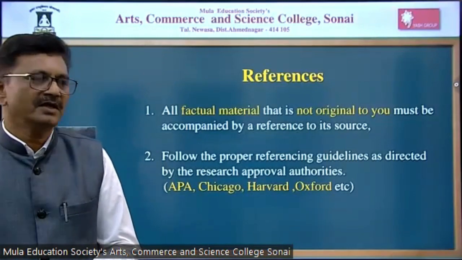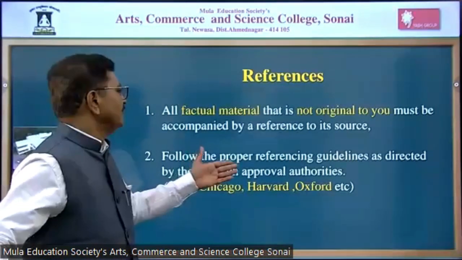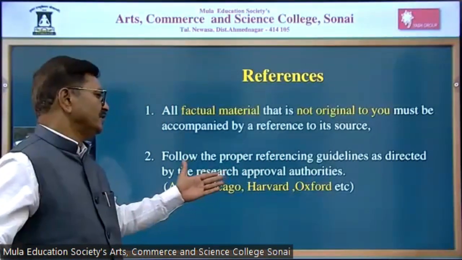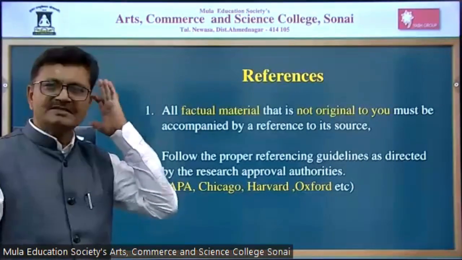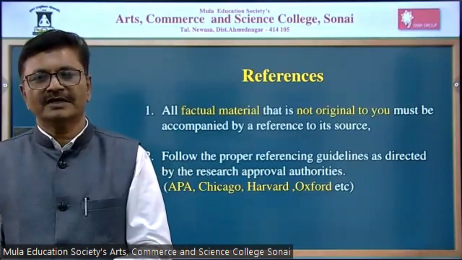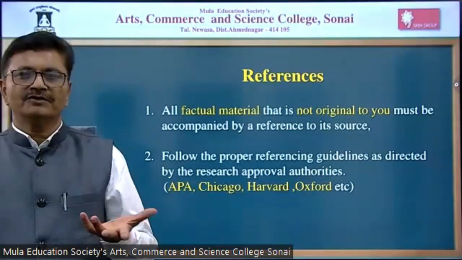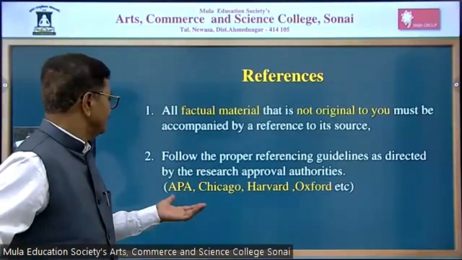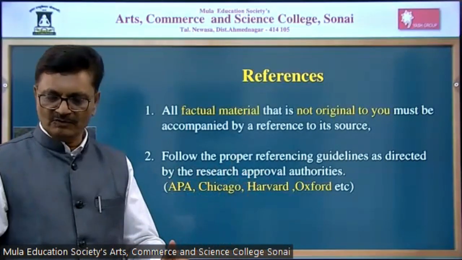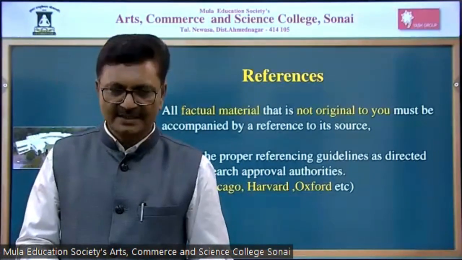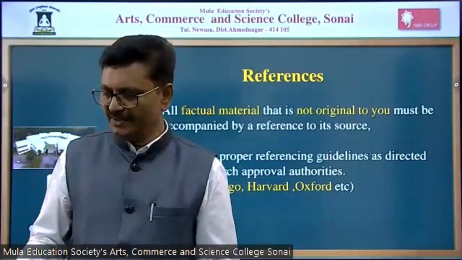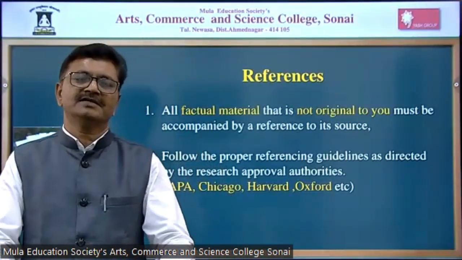And you have to follow proper referencing guidelines as directed by the research approval authority. Whatever your authority is, say for example in science we are following the APA method, and in psychology they follow the APA method. Okay, so you have to follow that particular method. And it may be Chicago, Harvard and Oxford, whichever different styles they have, you can use. So in India generally we are following this APA method for citing references or making the list of references.